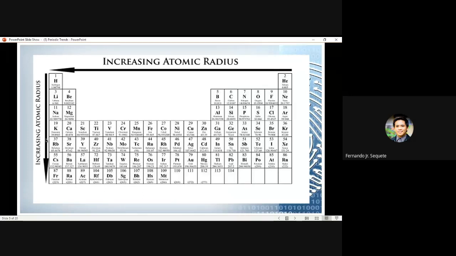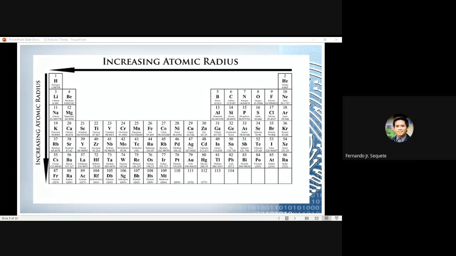Because your potassium, your calcium, and then your gallium is already arranged in a decreasing order. Therefore, the correct answer for that is potassium, yung dapat nasa unahan. Next would be calcium, and then yung may pinakamaliit na atomic size is your gallium. And that is the correct answer.